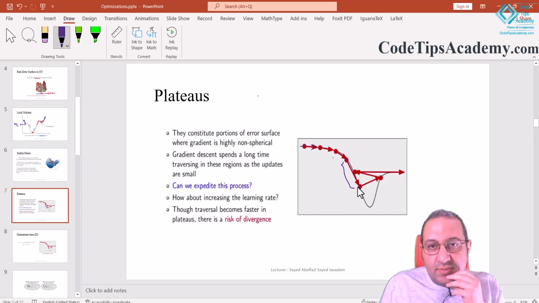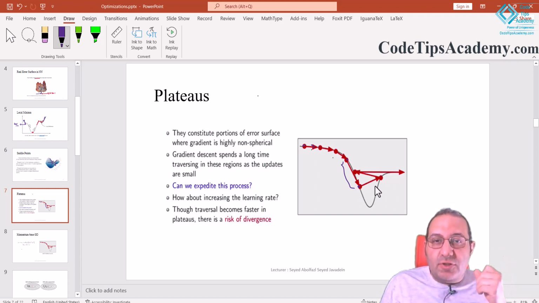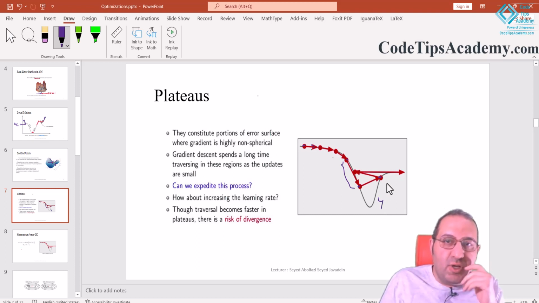It is steep again, with a larger gradient, but these larger gradients lead us past this point, which means we lost the global minimum.